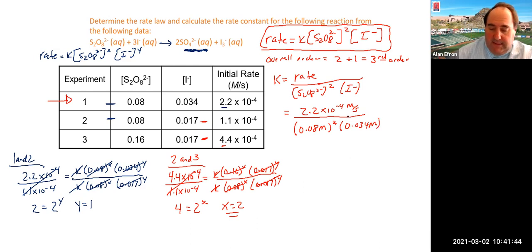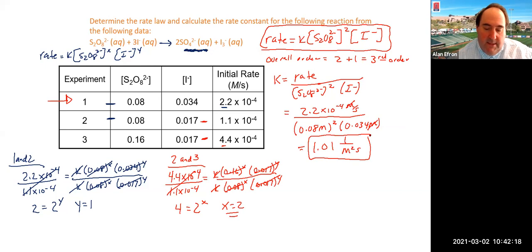If we do all that, 2.2 to the minus 4 divided by 0.08 squared divided by 0.034 gets us 1.01 as our rate constant for this particular case, I believe. 1.01 units: one molarity will cancel, one molarity cancels, and we still have squared molarity on the bottom.